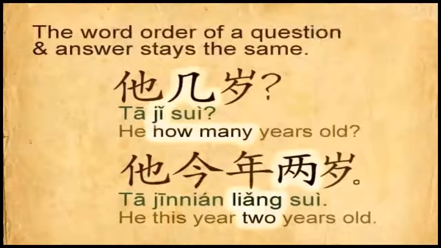The question word 几 is replaced by the answer 2. Literally, he, this year, 2 years old. In comparison to Chinese, the English language places question words like who, what, or how many at the beginning of a sentence.